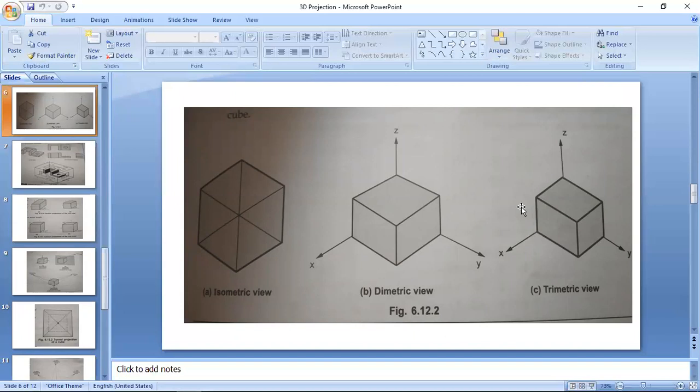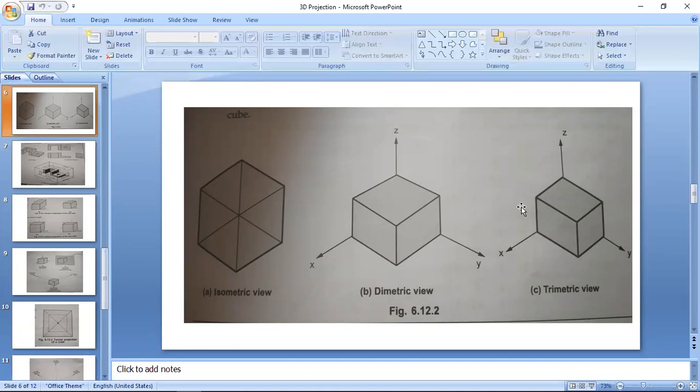In the first one, you can see that all of the sides appear with a single dimension. Okay, you can see the similar dimensions on each axis.